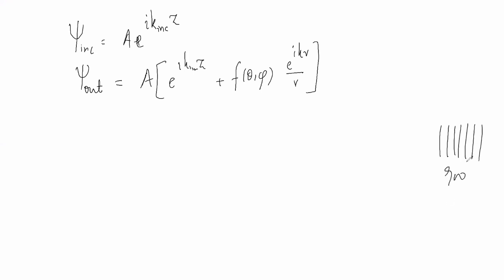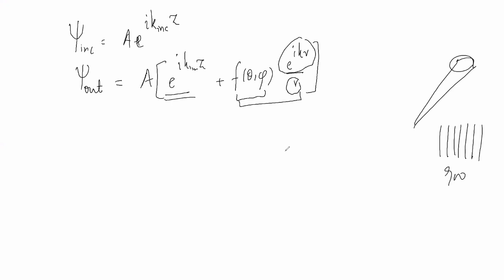All the particles, 900 particles which have not got scattered, will be represented by this wave, and the scattered particles will be represented by actually this wave, but we need intensity, therefore the 1 by r factor, and we need an angular dependence which we call scattering amplitude.